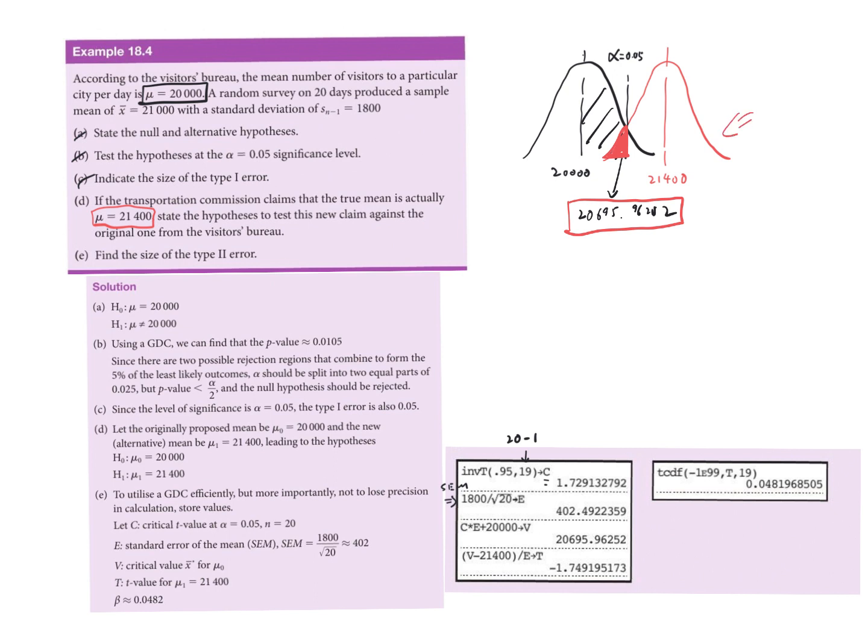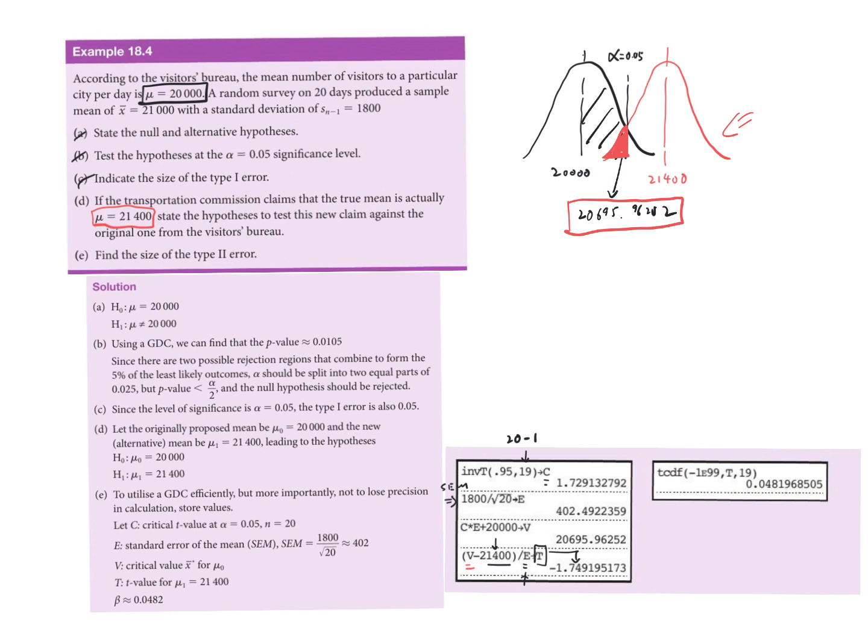We use 20695.96252, subtract the actual mean value, and divide by the standard error of the margin. Eventually we get the T statistic of the actual mean.